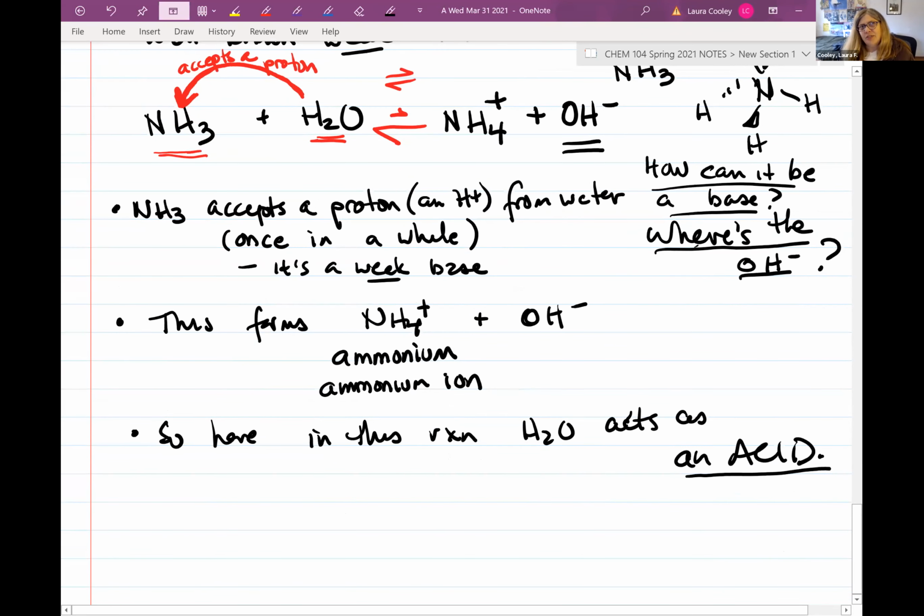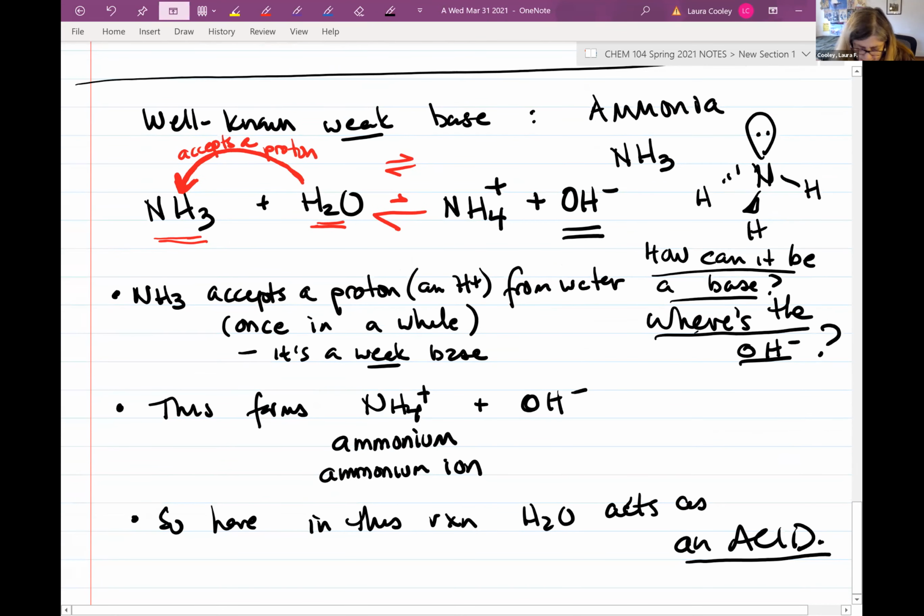So here we are, really the first full day of talking about acids and bases, and I think already it's clear why the study of acids and bases can get complicated. Here I have water acting as an acid, so I'm going to write acid underneath it.